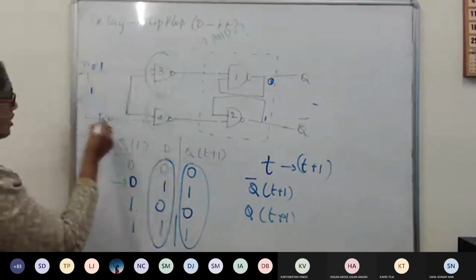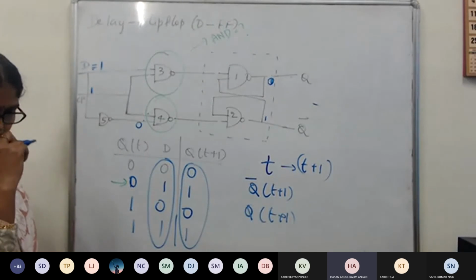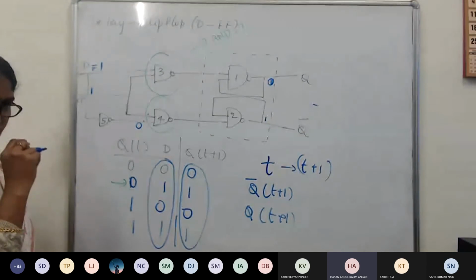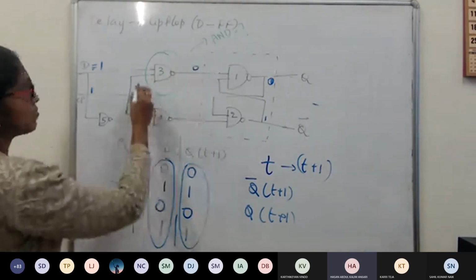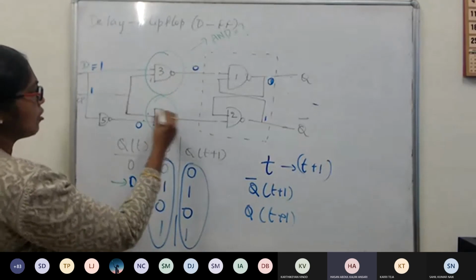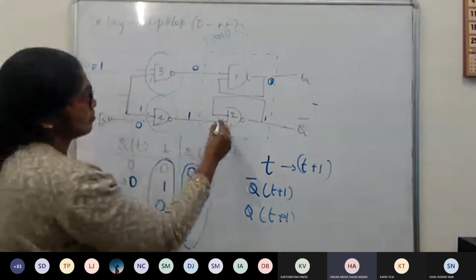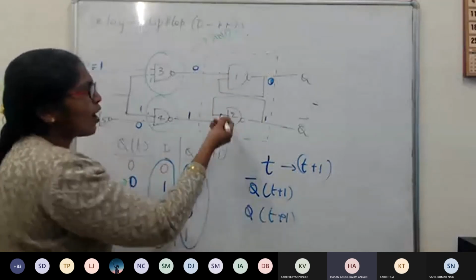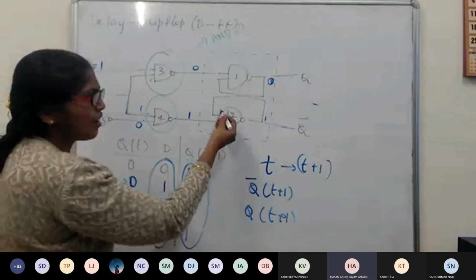If 1 is entering here, I'm telling the outputs fast so that we save time. The third gate's input will be 0, and gate 4 will be 1. Then we'll check the second: 0, 1. The Q bar will be 1.